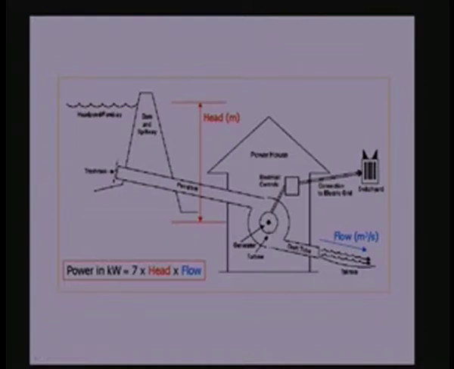This turbine is connected to an electric generator which will generate electricity and then pump it to the local grid. Roughly, the power in kilowatts is of the order of 7 times the head times the flow of water in meter cube per second. This would be the general scheme of a hydroelectric power generating system.